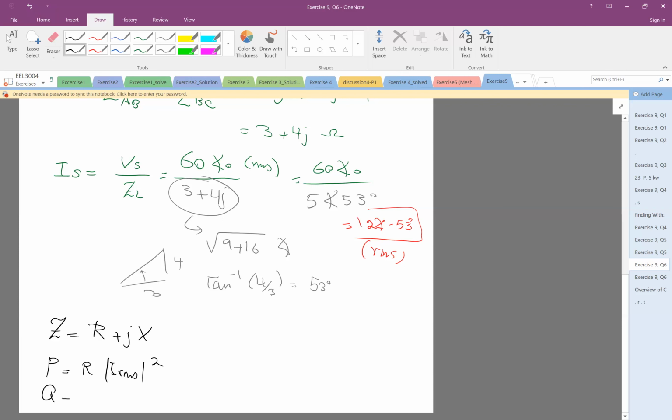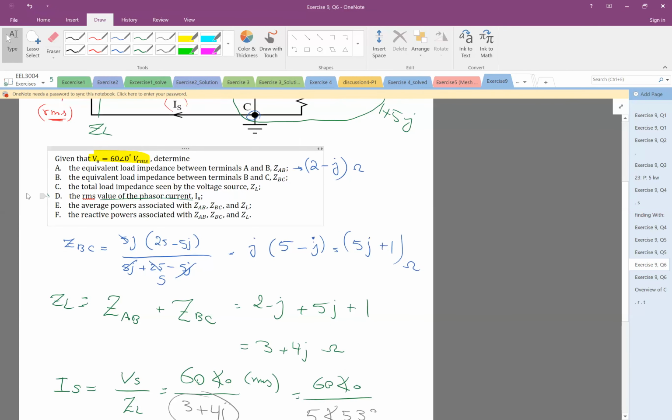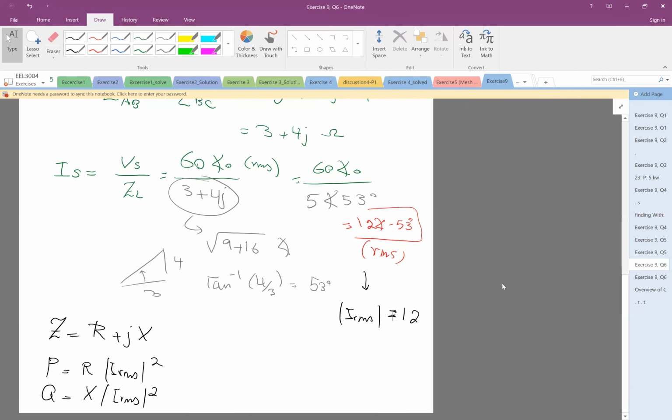And Q would be X times I RMS squared. So because we have the RMS current magnitude, it is squared. And we have Z for each part, so we know the R and X. For example, for ZAB, we know the R and we know the X. Therefore, we can easily use this formula.